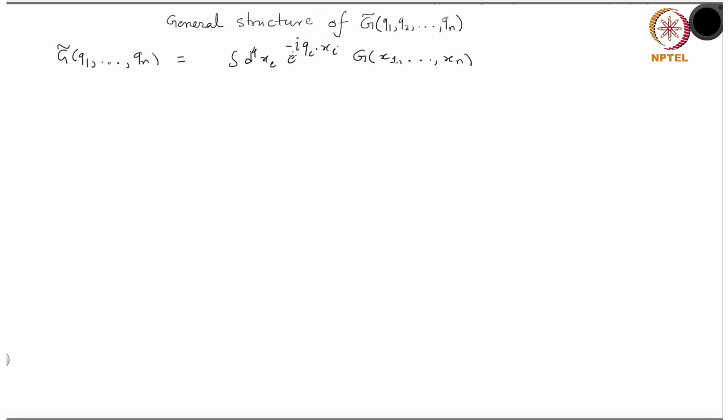Okay, so let me begin by taking a specific example of a Green's function in phi to the 4 theory, which we are at present considering, but whatever I say will apply to any n-point Green's function and in any theory. Okay, so I will take specifically the 4-point function.